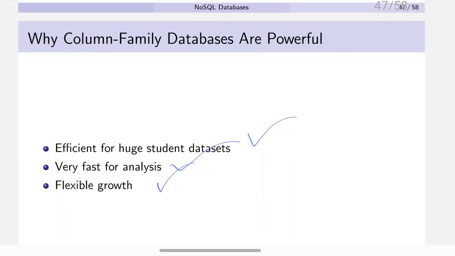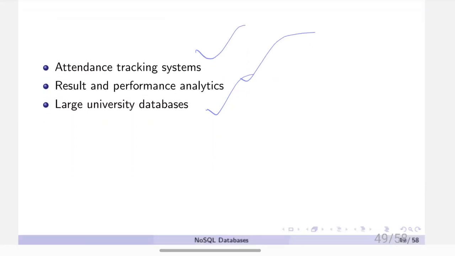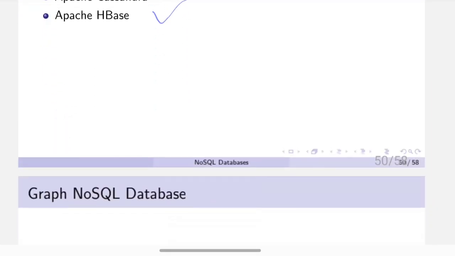That is why we will be using columnar databases. Some real life use cases I have provided here: attendance systems, performance analytics of students, and large university databases which contain millions of students. Apache Cassandra and Apache HBase are the examples for columnar family.